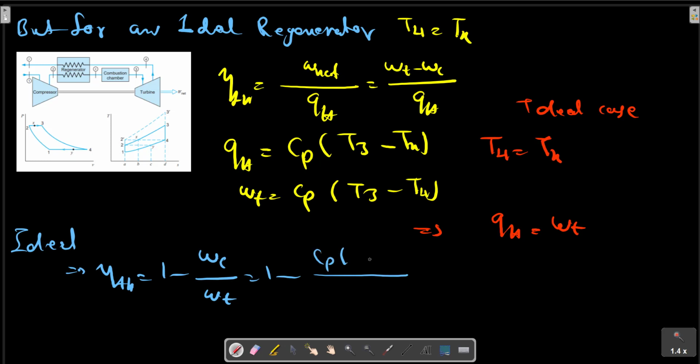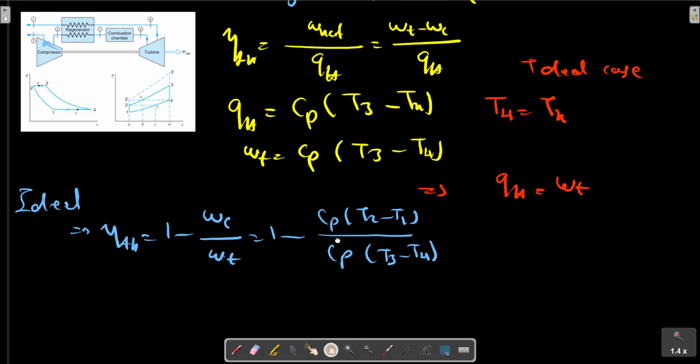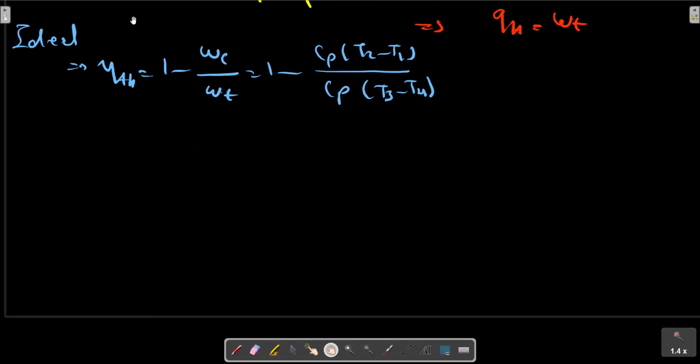W compressor is from T1, this part, and Cp (T3 minus T4). You can write various relations here.